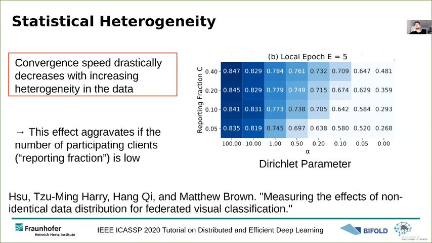So clients are holding very, very different types of data. And what you can see is that the accuracy achieved within a constant communication budget decreases drastically as you go down here from the IID to the non-IID. Yeah, and we also see that this effect aggravates if the number of participating clients, so the reporting fraction here, is low.